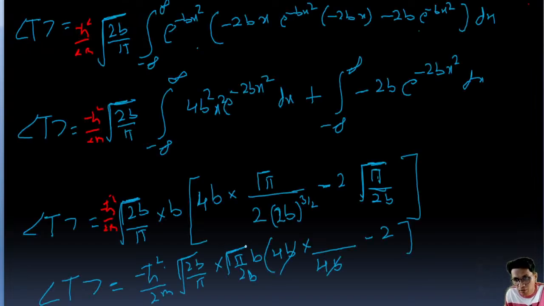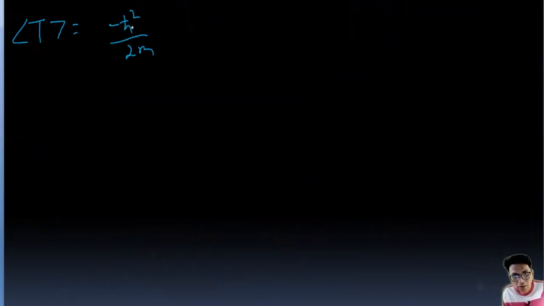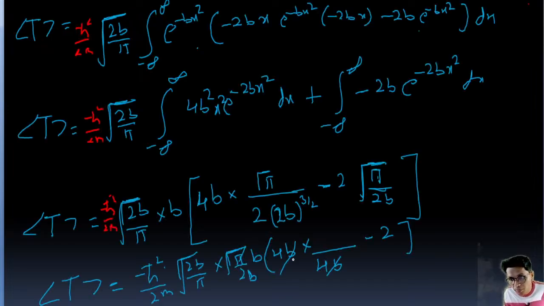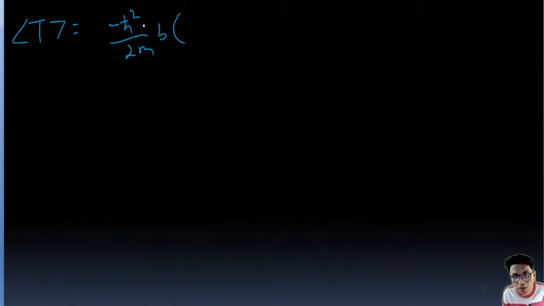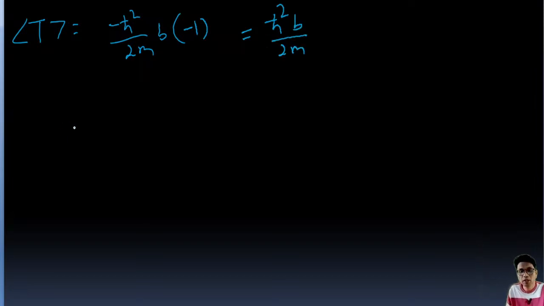This will get cancelled, b gets cancelled, this is 1 minus 2, which is minus 1, so this value is going to be h cut square b upon 2m, guys. Now we are going to find the expectation value of b.